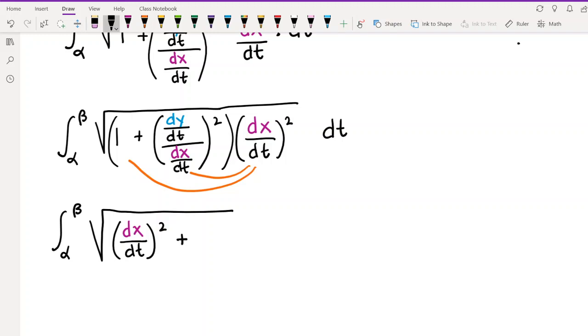Well, if you have dy dt over dx dt, that whole thing squared, that means the denominator is getting squared specifically, right? And so if we multiply by that same denominator squared, then it will cancel out. And so we'll be left with just dy dt squared dt. And this is exactly the formula that I said we were going to get, right?